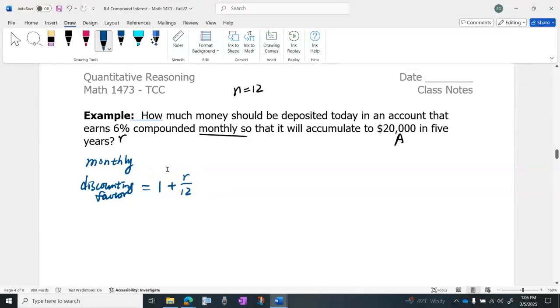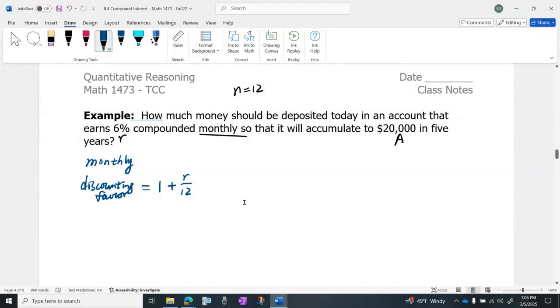But the same factor in a discounting process is called a discounting factor because the role it plays is different. Discounting factor, compounding factor, formula-wise the same thing: the number 1 plus a rate. Since in this case interest is compounded monthly, the discounting factor is 1 plus the monthly interest rate.